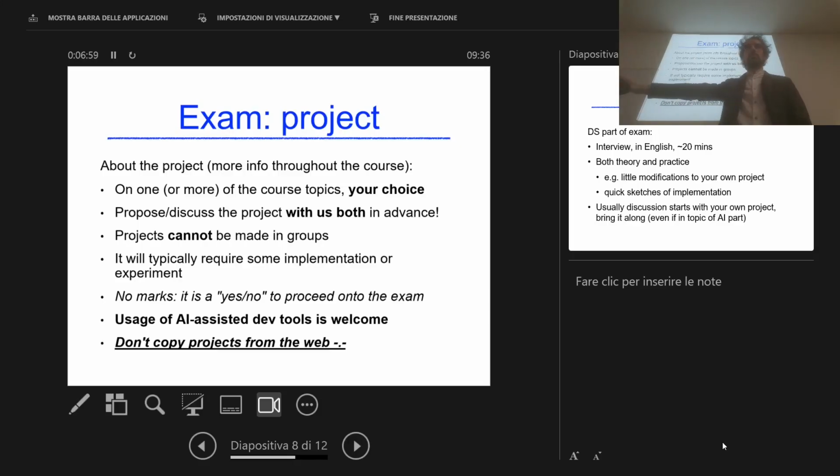I don't care at all, okay? But if I am asking why you are using this model, that's what I care about during the exam. So use whatever tool you want to speed up programming and to avoid having to deal with mundane details of programming, but don't copy the project from the web.